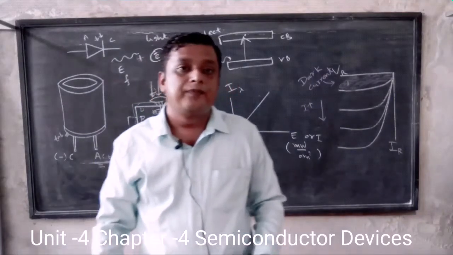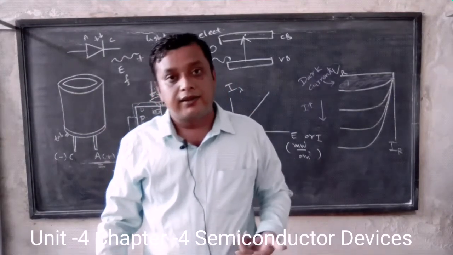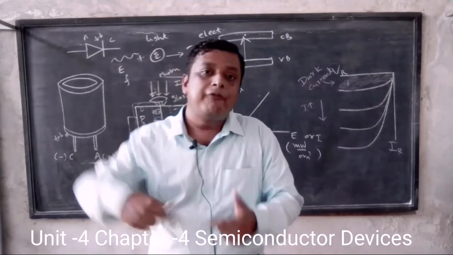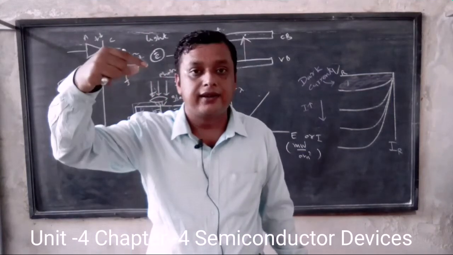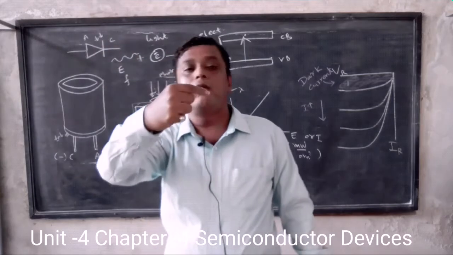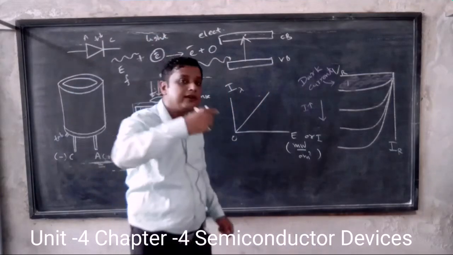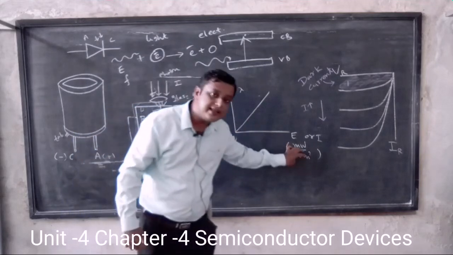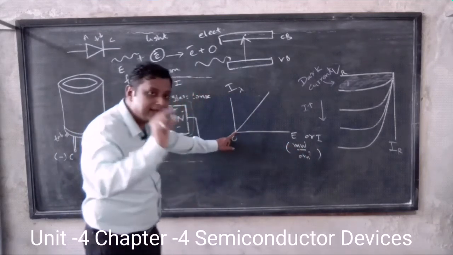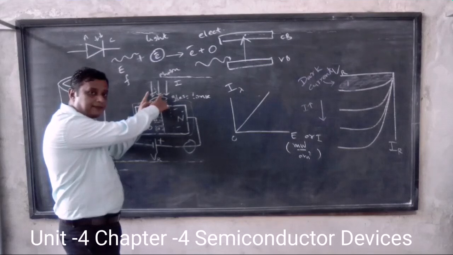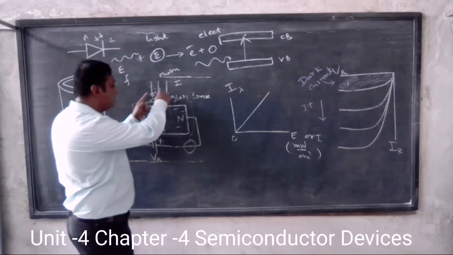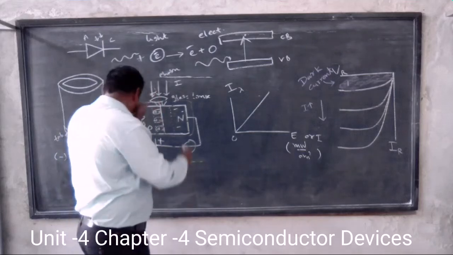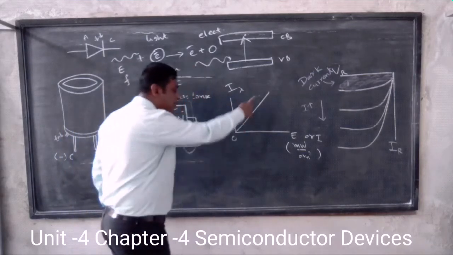Photocurrent means the current generated by the photodiode whenever photons or light energy is falling onto the depletion barrier of the photodiode. So this is photocurrent versus intensity, and if I am increasing intensity, then there will be an increment in the current. Now this is a straight line.